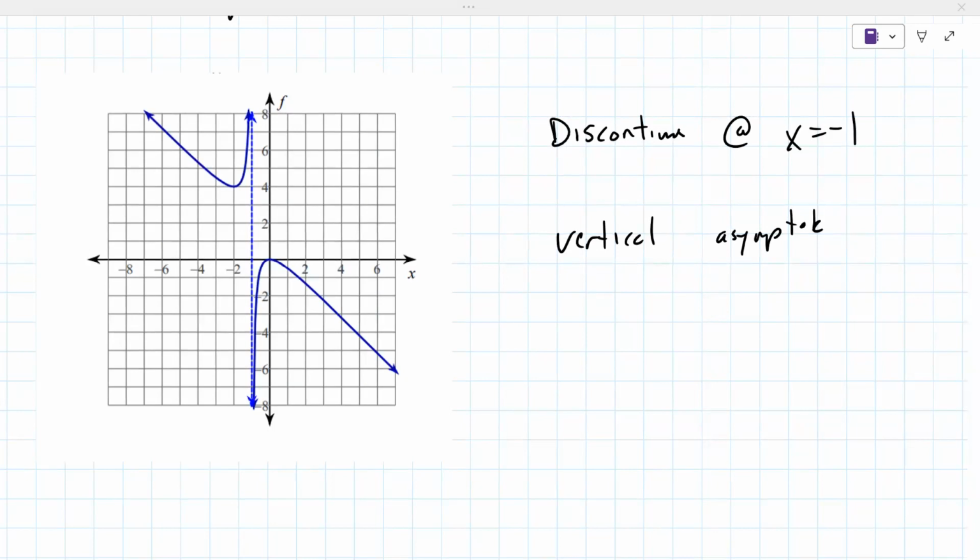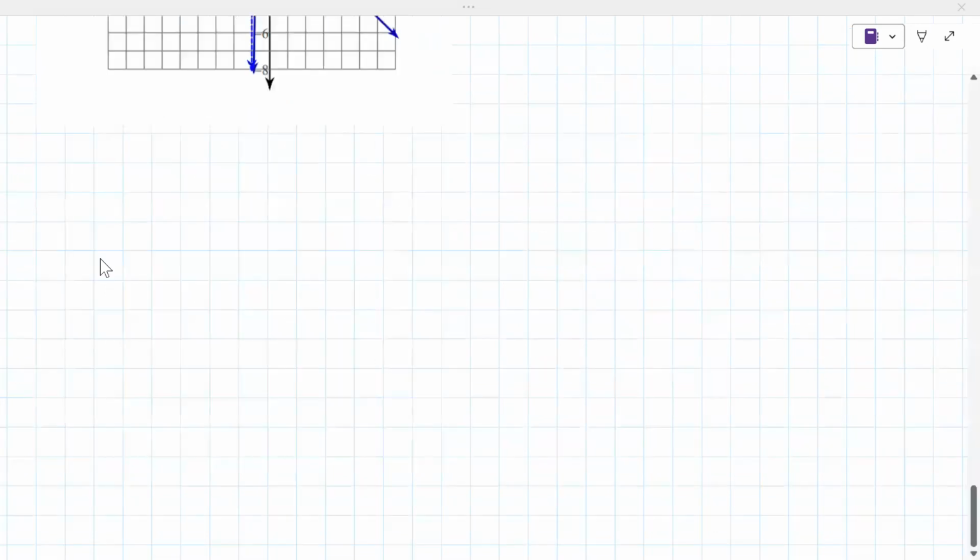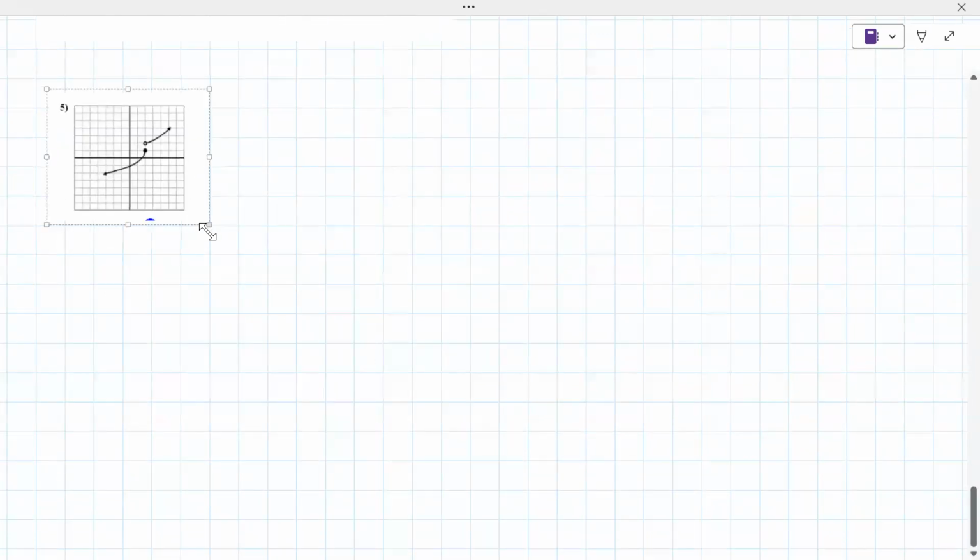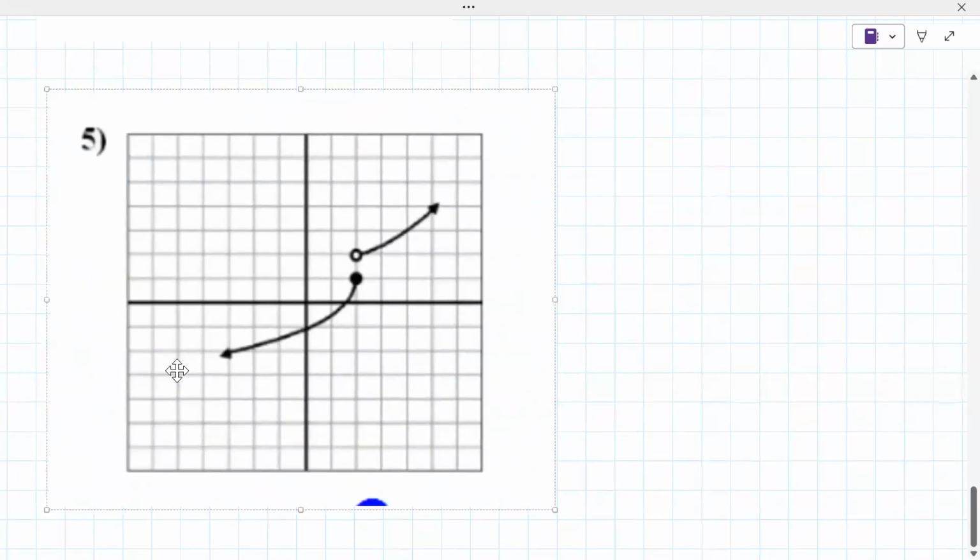Here's another graph to look at. Is this one continuous? No. Why not? Well, you still have to pick up your pencil for it, right? That's exactly right.